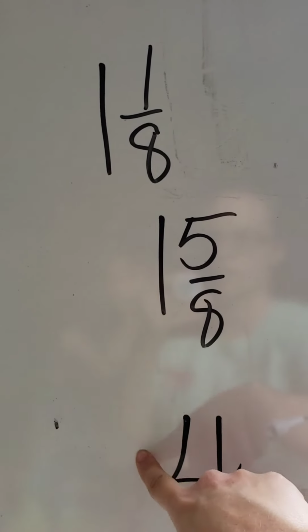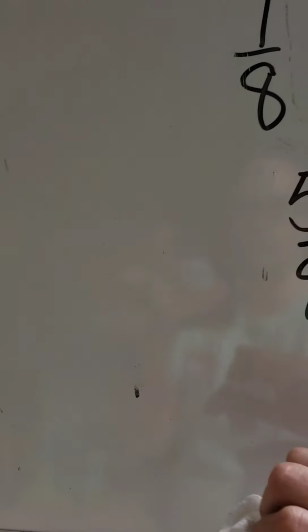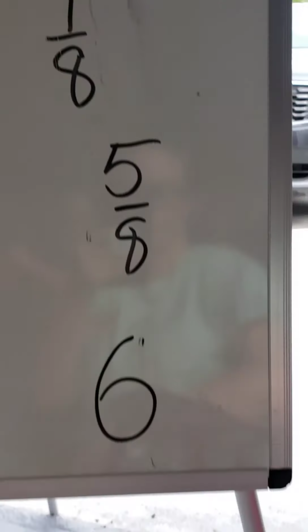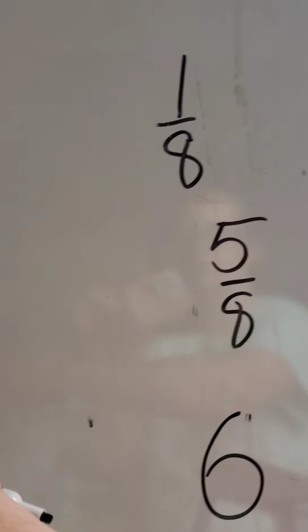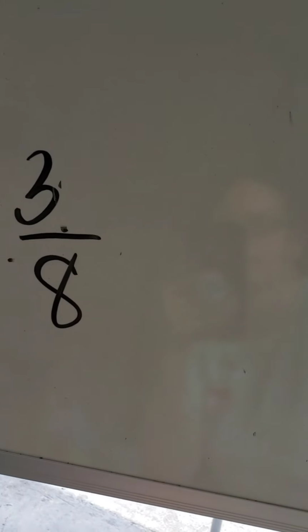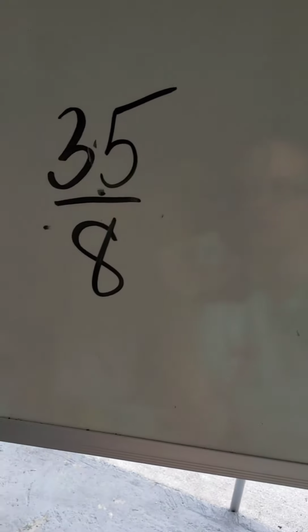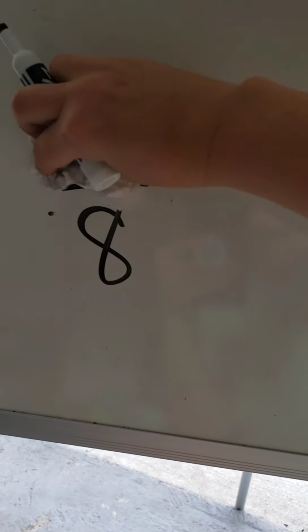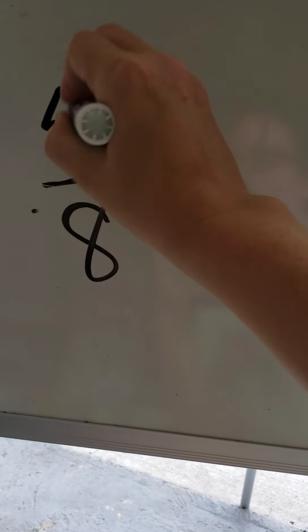So 4, 5, 6. And then we'll just add the fractions to the one we have going over here. So 1/8 plus 34/8 is going to be 35. And then 5/8 is going to be 40.